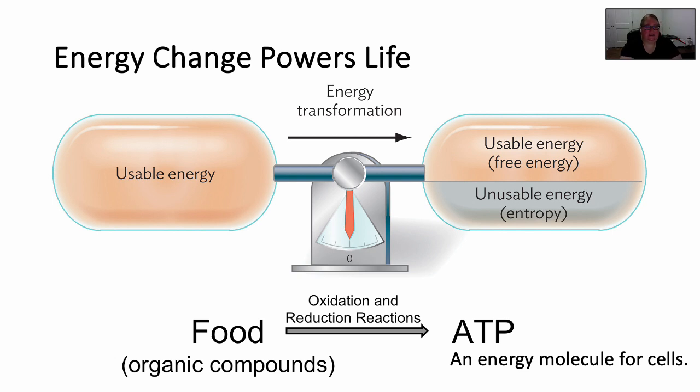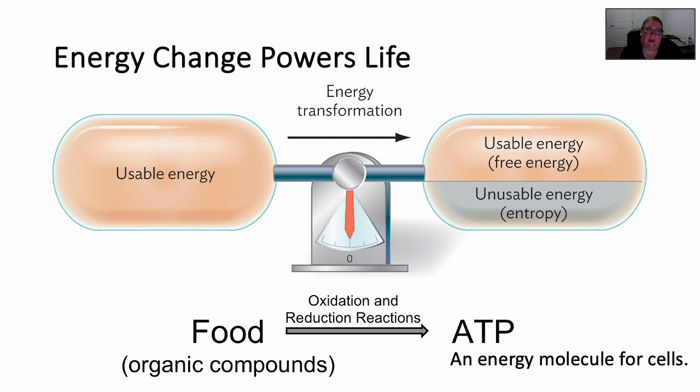Okay, so let's think about this in terms of chemical reactions. Okay, if you remember, the things that go into a reaction, we call them reactants, and the things that come out of a reaction are products. Okay, so a lot of times when we are doing a chemical reaction, we are going to have an energy change. Now, how this energy change happens depends on the type of reaction, but we can talk about this in general terms.